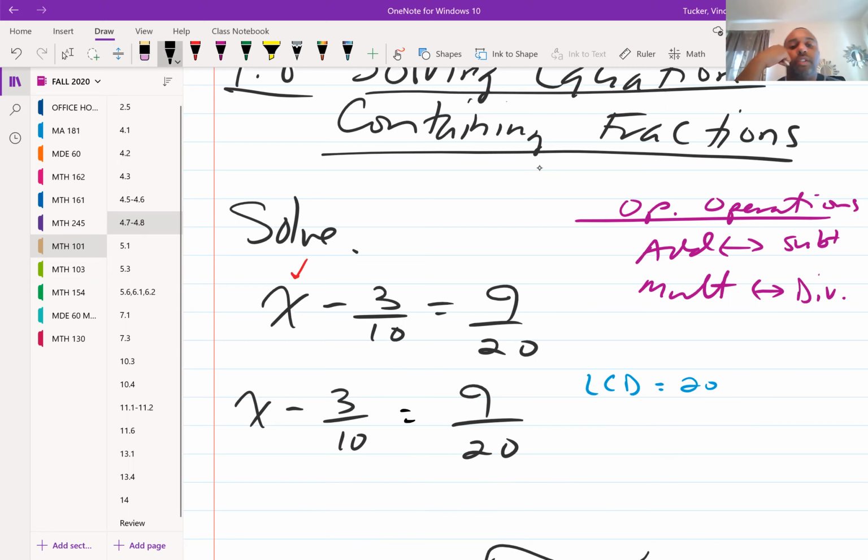All right, so we have x minus 3/10 equal to 9/20. I want to solve for x. So I need to get the minus 3/10 to the other side of our equation. Remember, the sides of your equation are set up by your equal sign, left side of your equal sign, right side of your equal sign. So in order to cancel out the subtraction of 3/10, I need to add 3/10 to both sides of the equation.